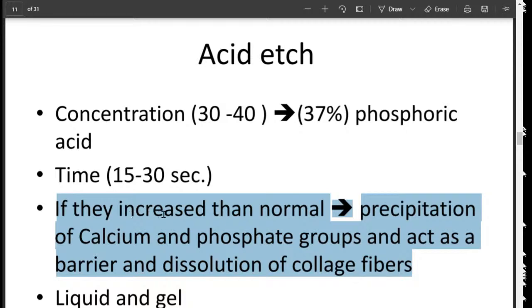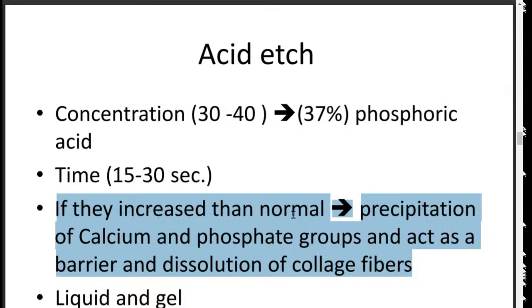And this explains that the calcium and phosphate groups act as a barrier to dissolution of collagen fibers.